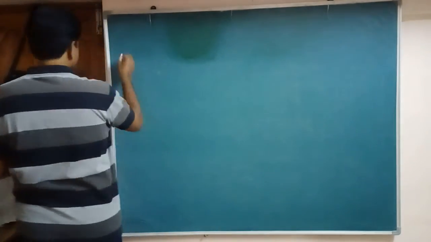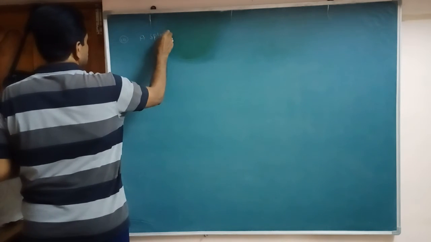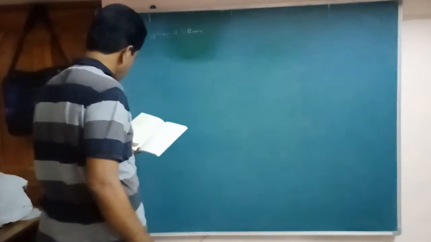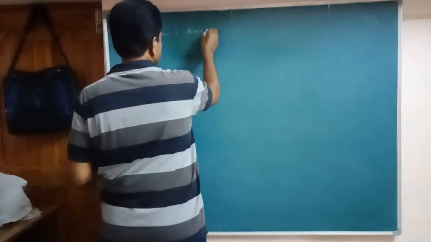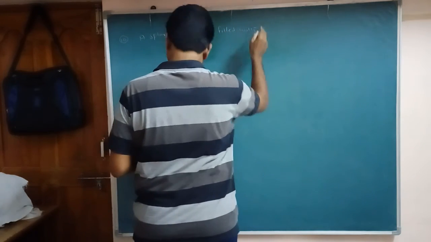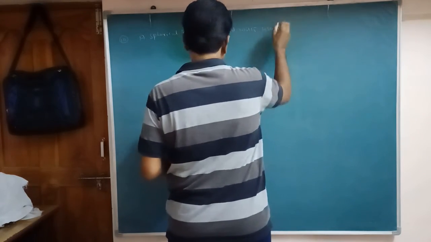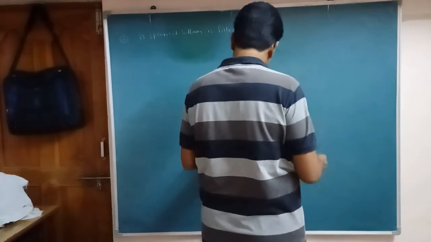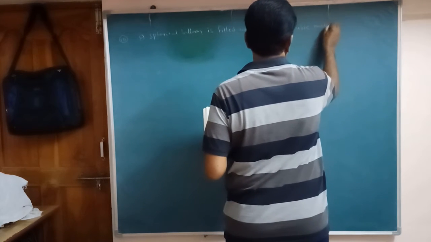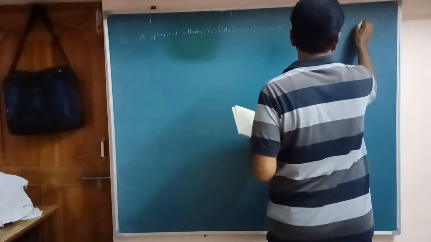A spherical balloon is filled with 4,500 cubic meters of helium gas.